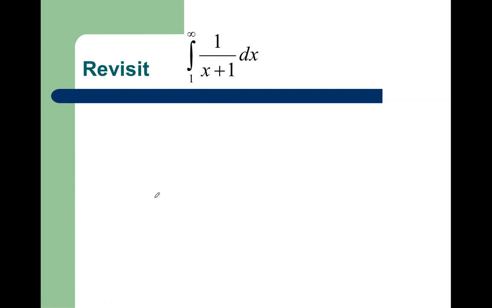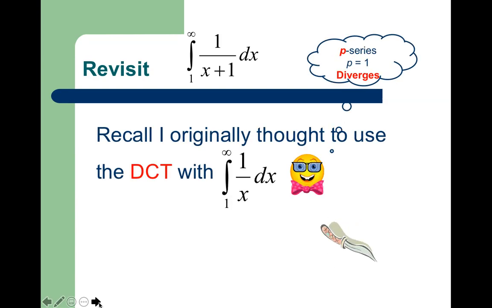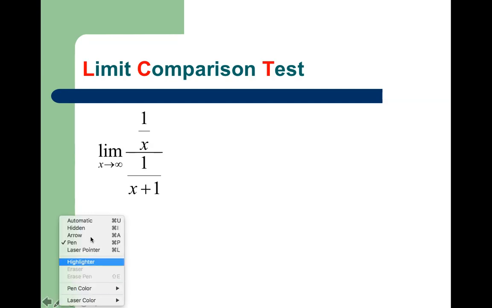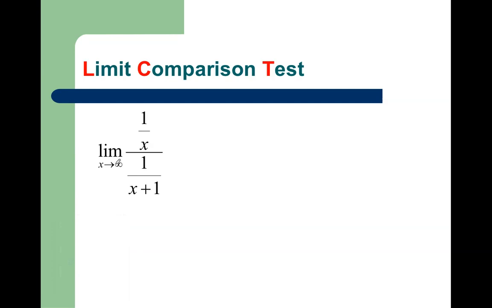So we're going to go back to this example, 1 over x plus 1, that we pretend we don't know how to integrate. We tried the direct comparison test, and the position was wrong. We had a dagger. For the limit comparison test, I do a limit, but this is not the improper integral limit. I'm always going to take the limit as x goes off to infinity.